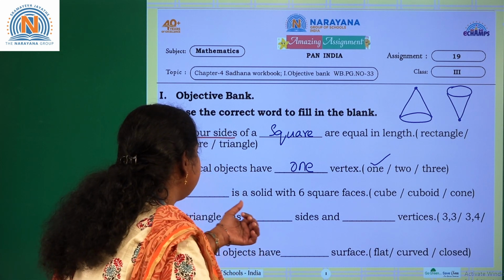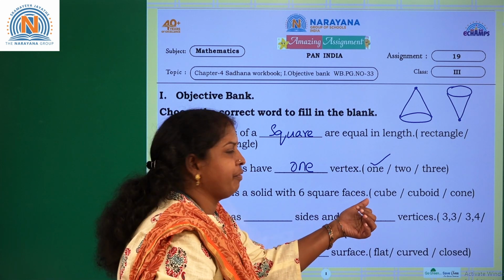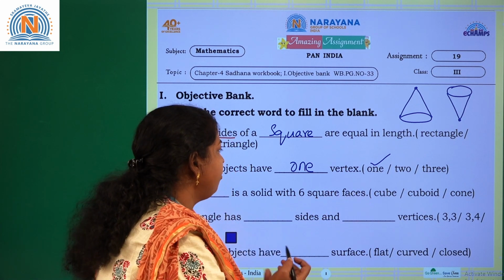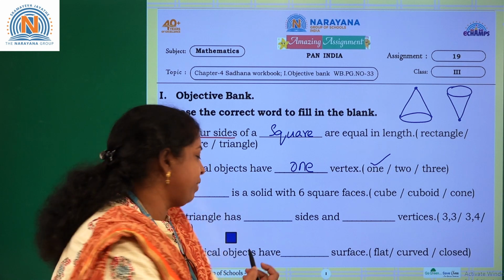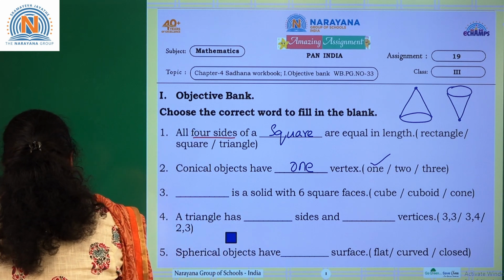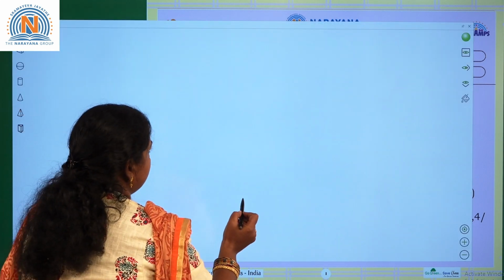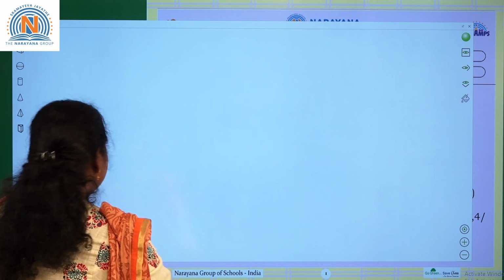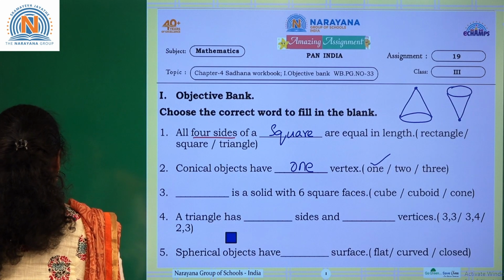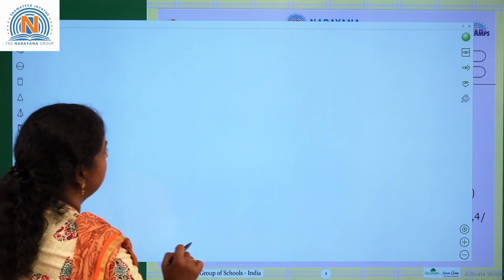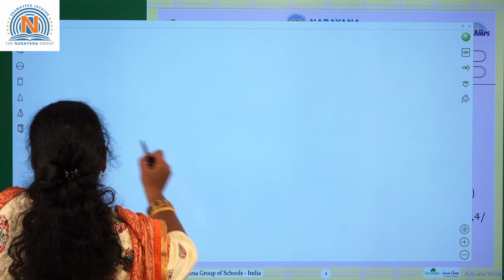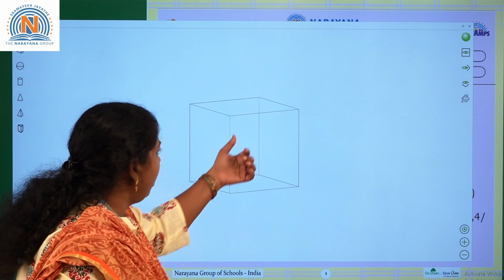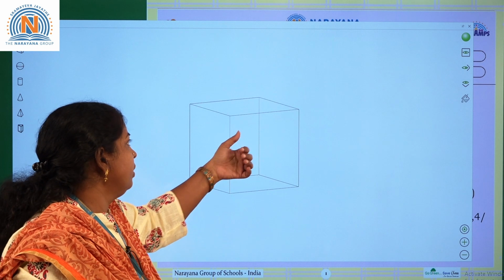And the next one, dash is a solid with 6 square faces. Which is having 6 square faces? Children, if you observe the cube, how many faces are there for this cube?